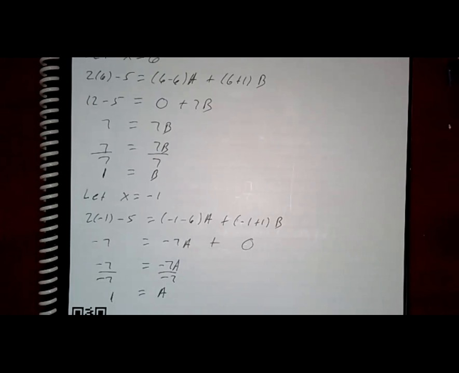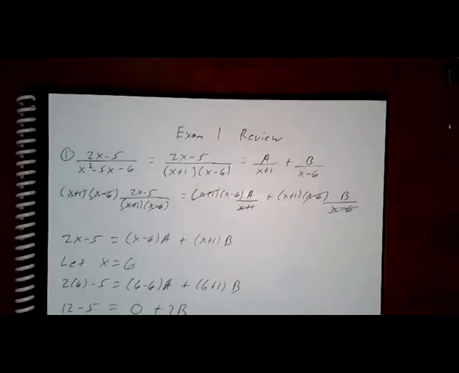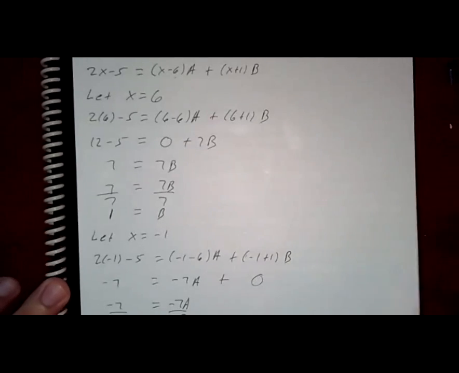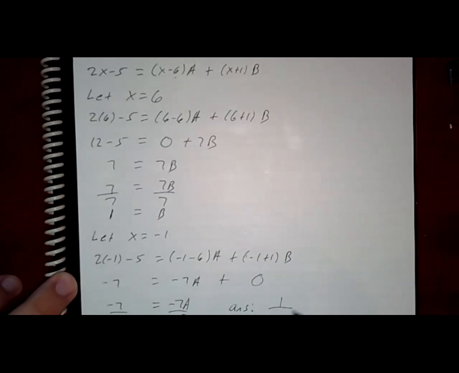Any question? Yes. When we're doing the homework or like the review, what is the answer actually looking for if we have to type it in? Is it looking for just like b equals 1 and a equals 1, or is it looking for? It wants to know the actual answer. So you have to plug in the 1 up here. So the answer would be 1 over x minus 6 plus 1 over x plus 1.